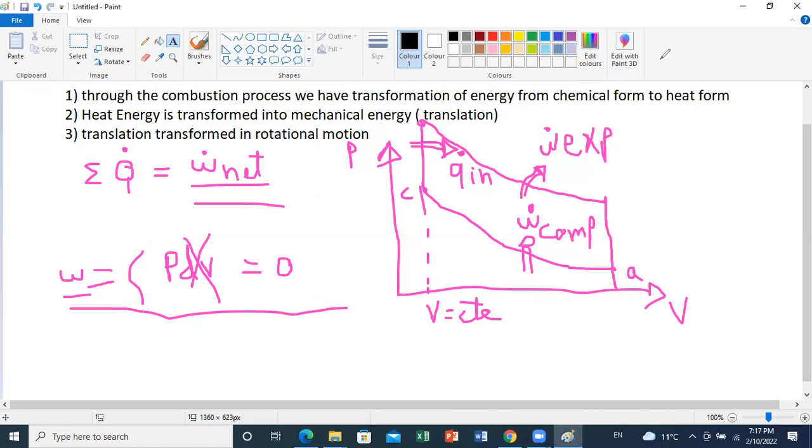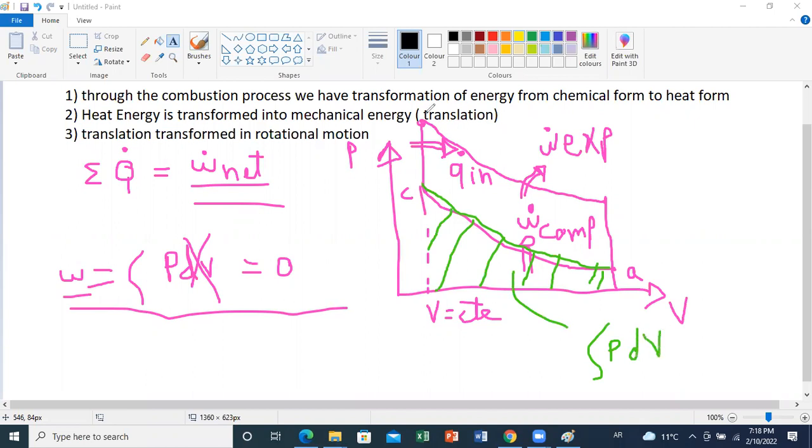You have here during the compression the area between the pressure curve and the axis V, which represents integral PdV. So mathematically, the compression work is equal to this area in green. This is integral PdV during the compression phase.